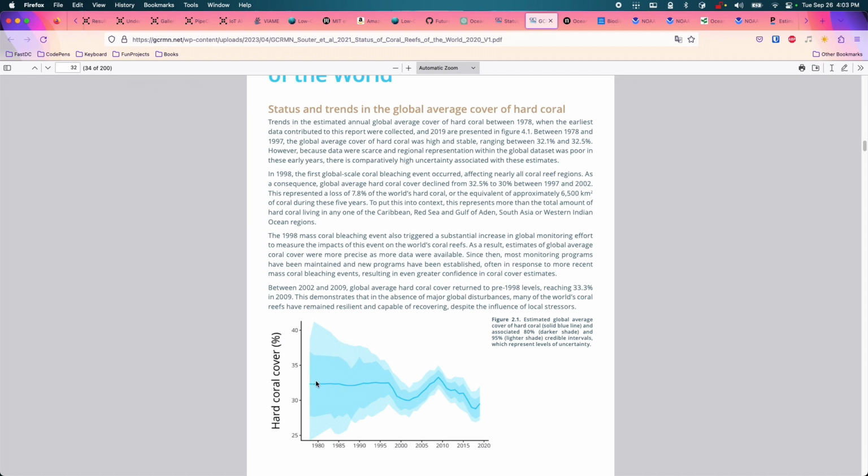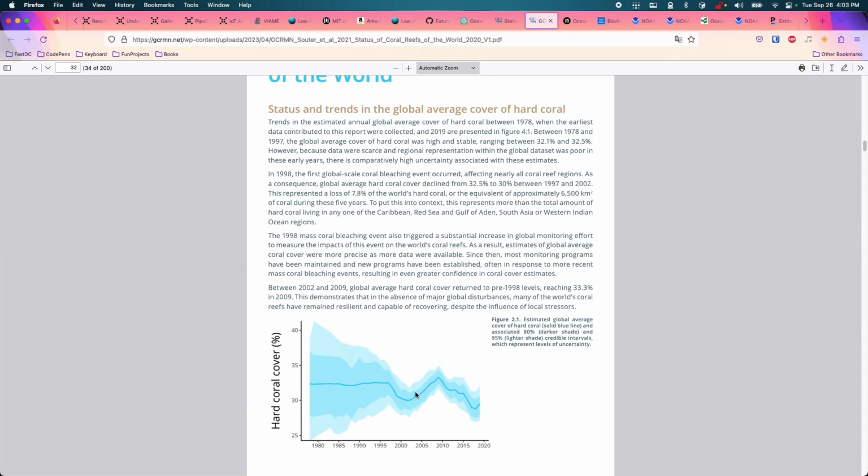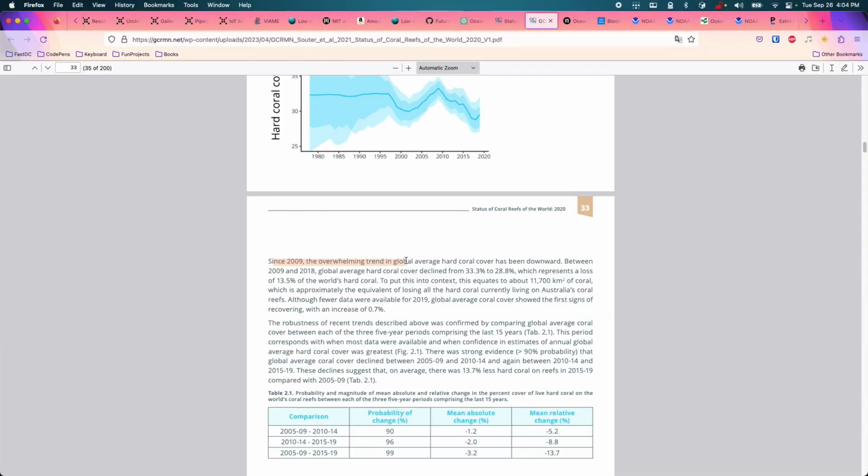And so here you can just see in the 90s, we'd have a massive dip. Seychelles was hit super hard. It's like 90% destroyed. And it has bounced back and subsequently dipped again. They summarize it here, and they say, since 2009, the overwhelming trend in global average hard coral cover has been downward.